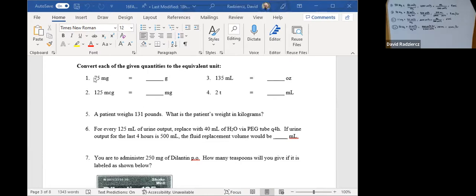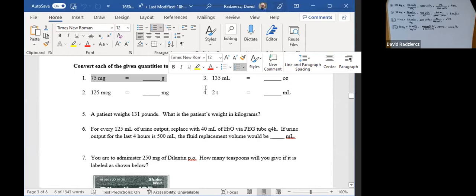Something to keep in mind when you're doing basic unit conversions, like 75 milligrams to grams, that answer is 0.75 grams. You do not round that to 0.8. You don't round that to 1. When you're doing basic unit conversions within the metric system, you do not round those numbers.